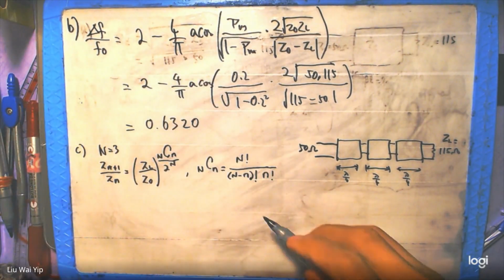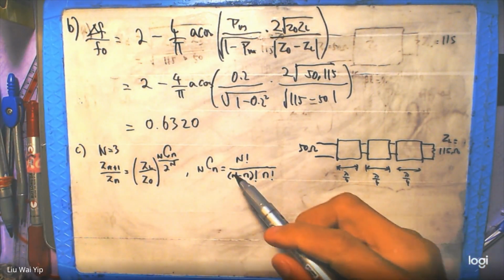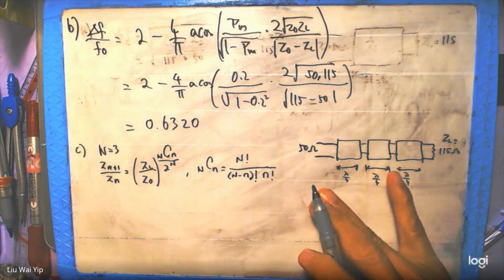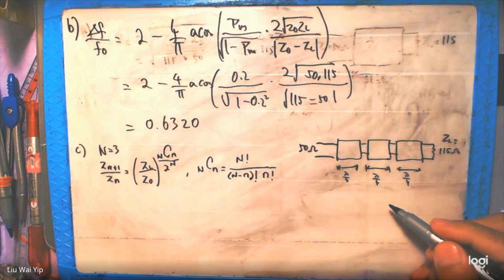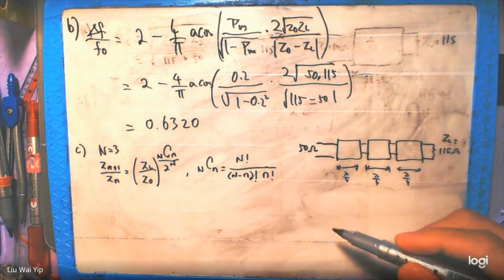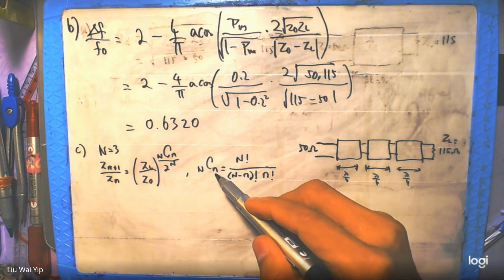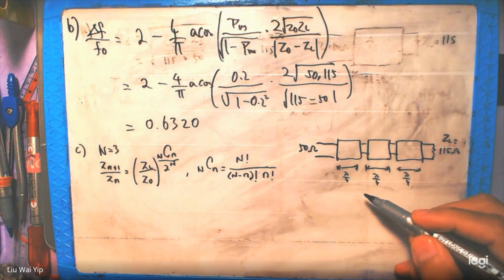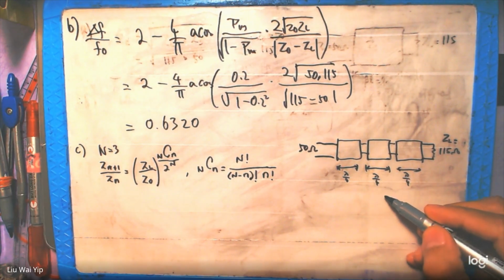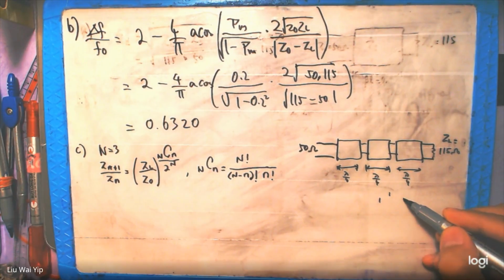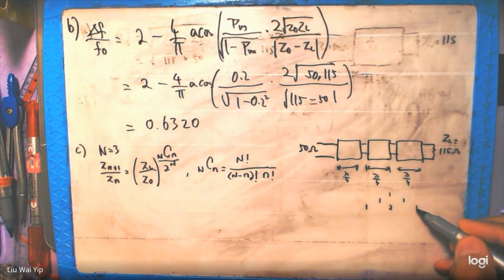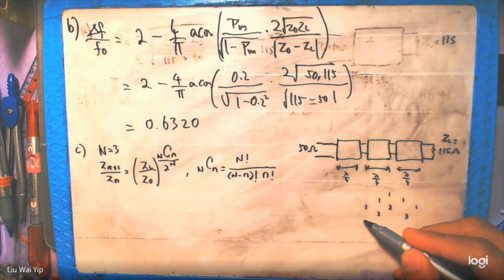Now I'm going to calculate this without going through too much calculation. I'm going to use a Pascal triangle to work out capital letter N, C, and then small letter n. So 1, 1, 1, 2, 1, 1, 3, 3, 1.